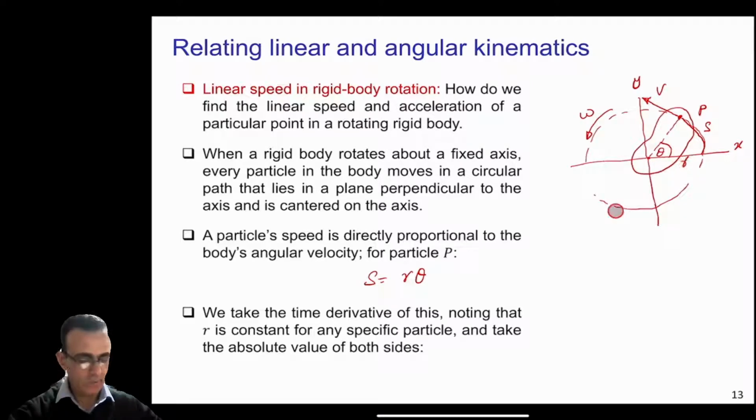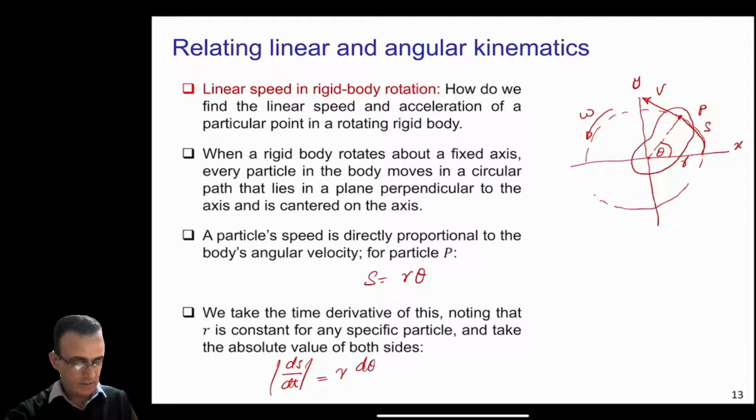Now we take the time derivative of this equation, noting that R is constant for any specific particle, and take the absolute value of both sides. So ds over dt will be equal to R d theta by dt.